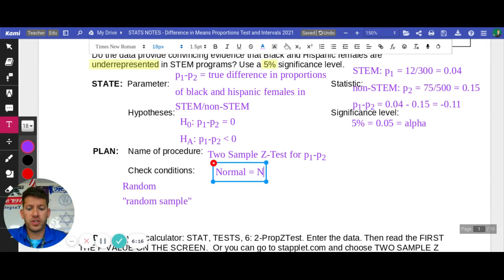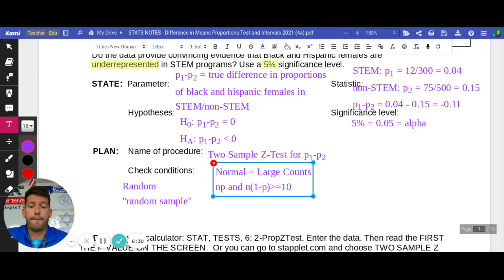Since we're doing proportions, we're going to do our large counts, and we have to do this 4 times. We want n times p and n times 1 minus p to be greater than or equal to 10, for the STEM and for non-STEM.